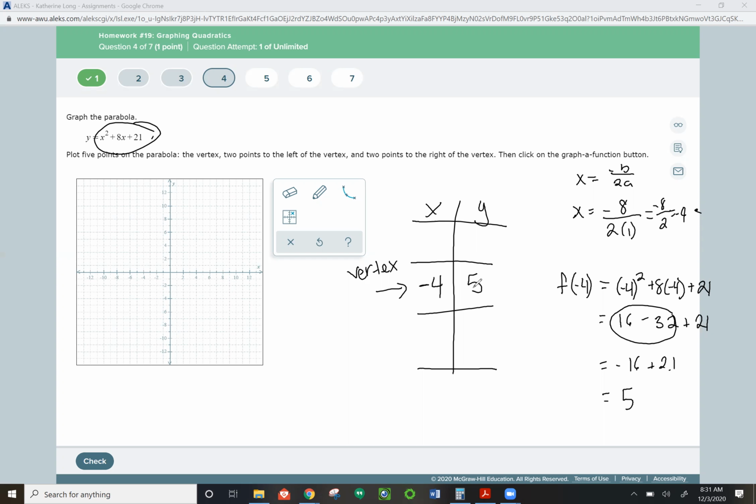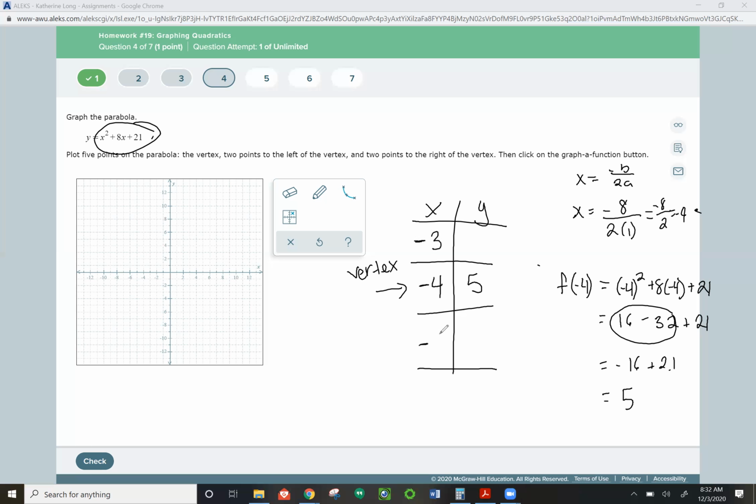Now, since we are working with a computer, it's a lot nicer. We don't have to be as systematic with the points that we choose. What I recommend is choosing a very, very simple point. I like to choose 0. Well, actually, let's not do 0 on this one. Let's do something closer. Let's just do negative 3.